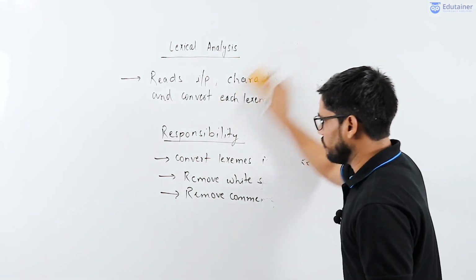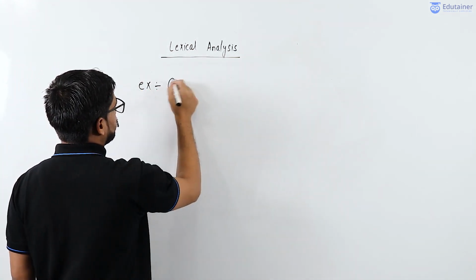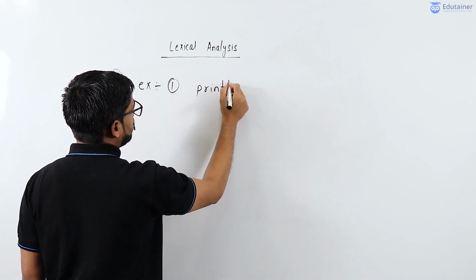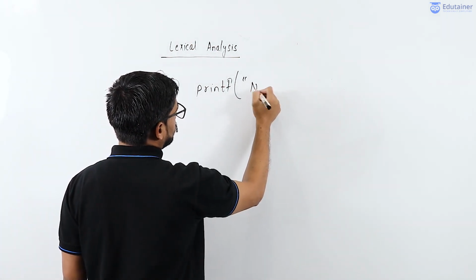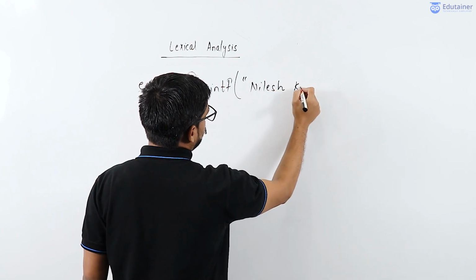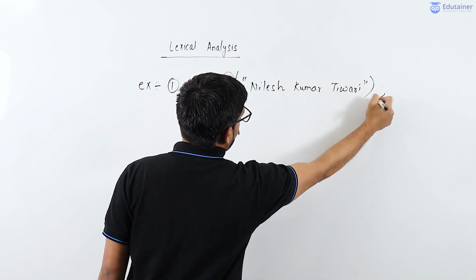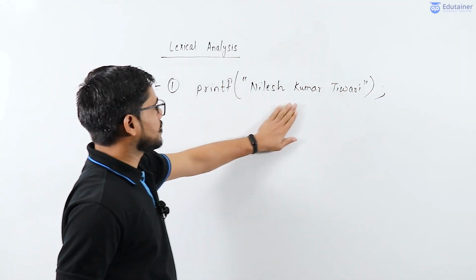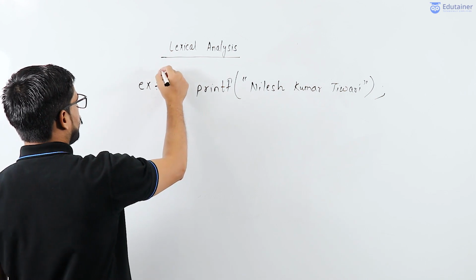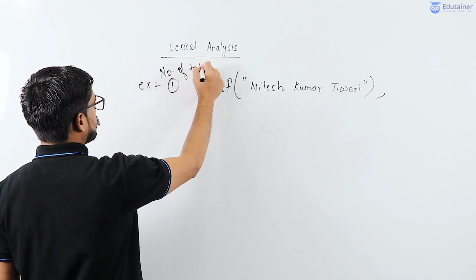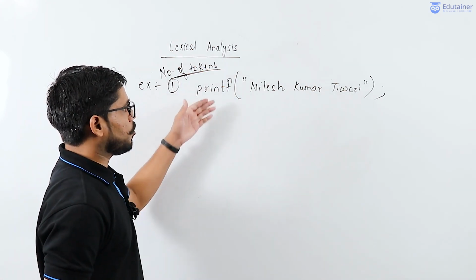From the GATE perspective, let's take an example. Example number 1: I have a statement printf, and inside it I pass an argument, Nilesh Kumar Tiwari. This is a single line statement and we have to find the number of tokens. In the GATE exam, they generally ask the number of tokens in a single program or a single statement.